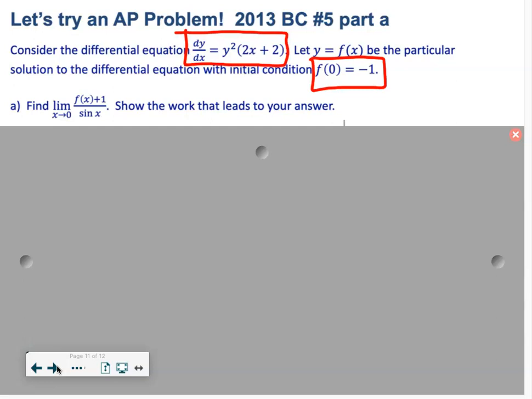So that is -1 squared times (2 times 0 plus 2) all over cosine 0 is 1 times 2.